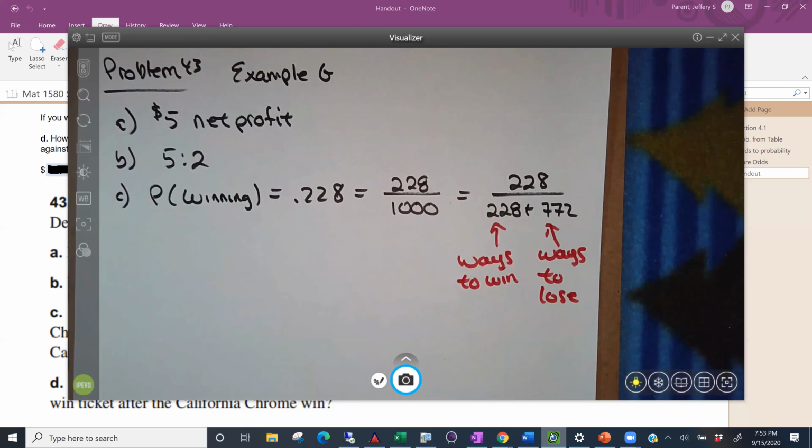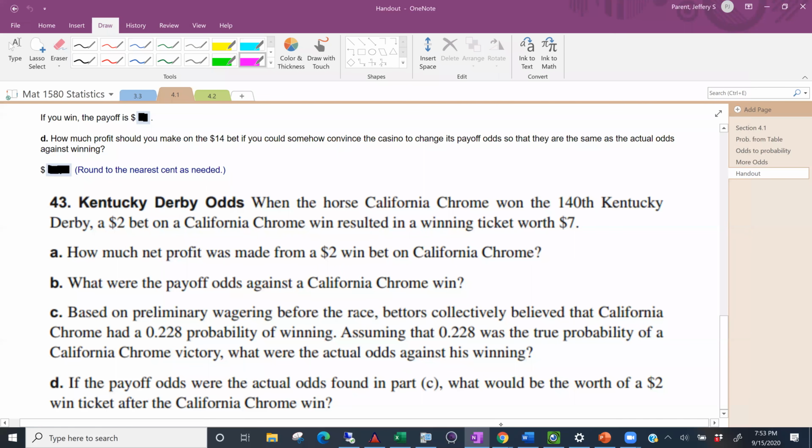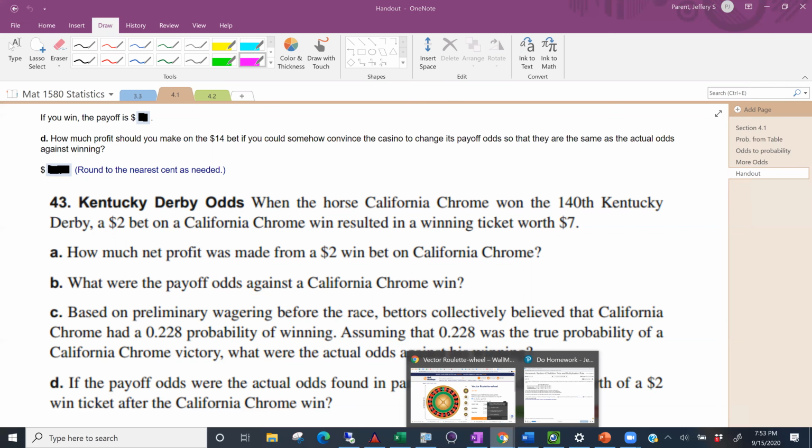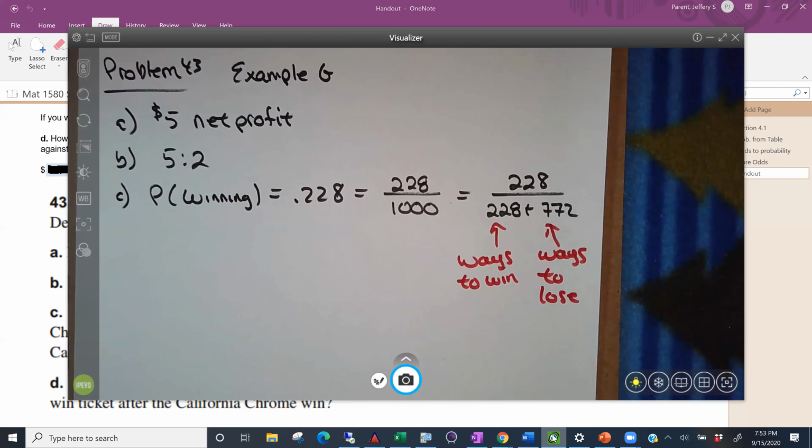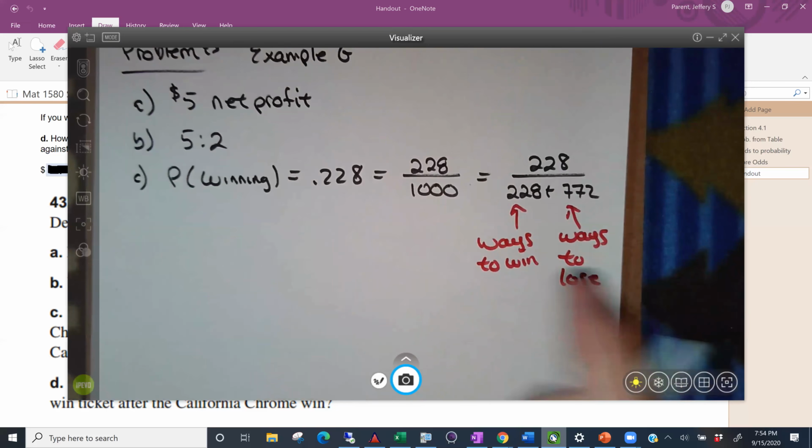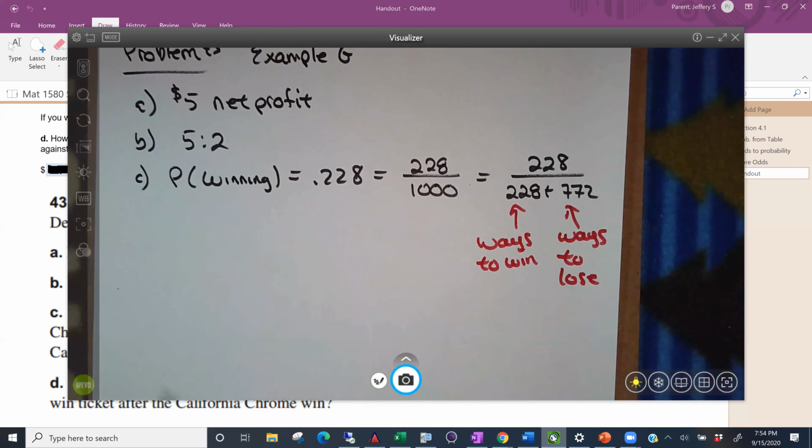So if I want the odds against winning, let's just double check that that's what they're looking for in part C. What were the actual odds against his winning? So odds against his winning would be the number of ways that he could lose versus the number of ways to win.